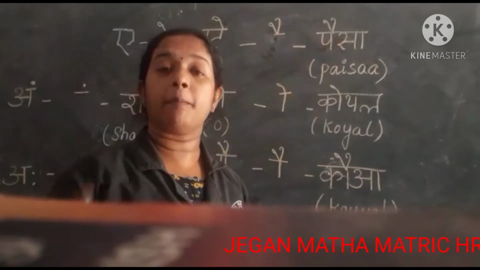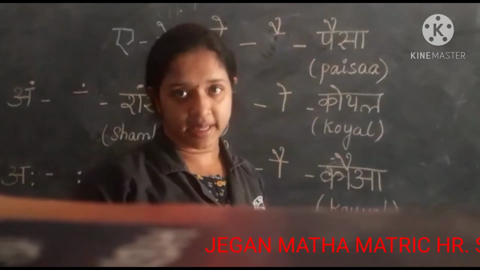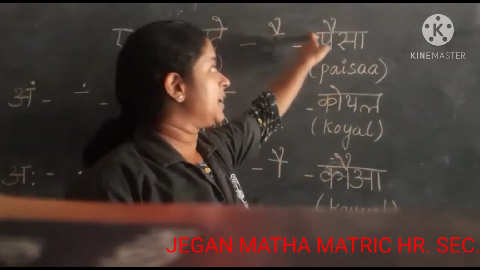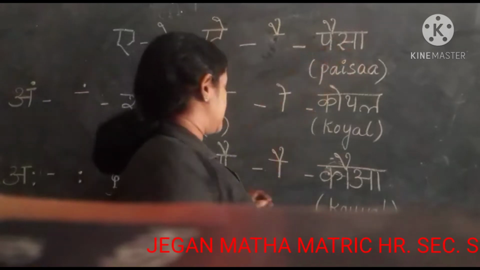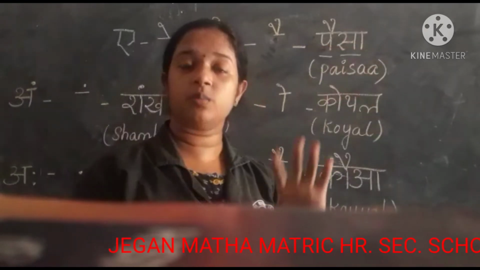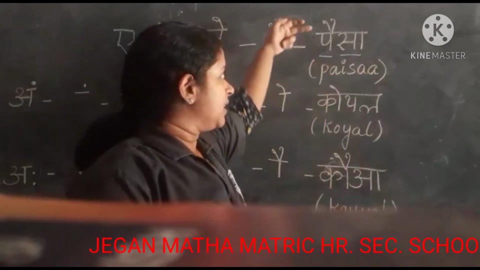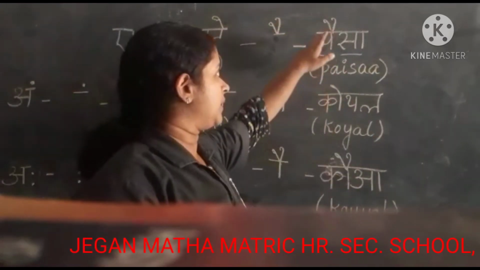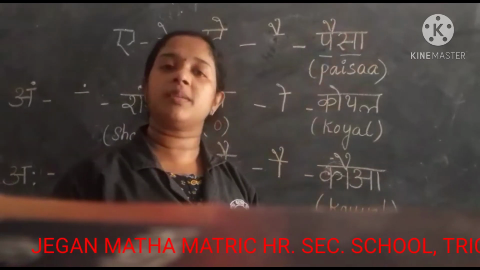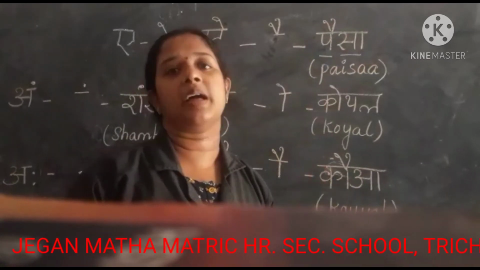So what will happen? Pa will change to Pi. Okay, so Paisa. It's a two-letter word, Pa and Sa. Both are consonants and have two symbols. One is the symbol of I, second is the symbol of A. So how will I pronounce it? As Paisa.